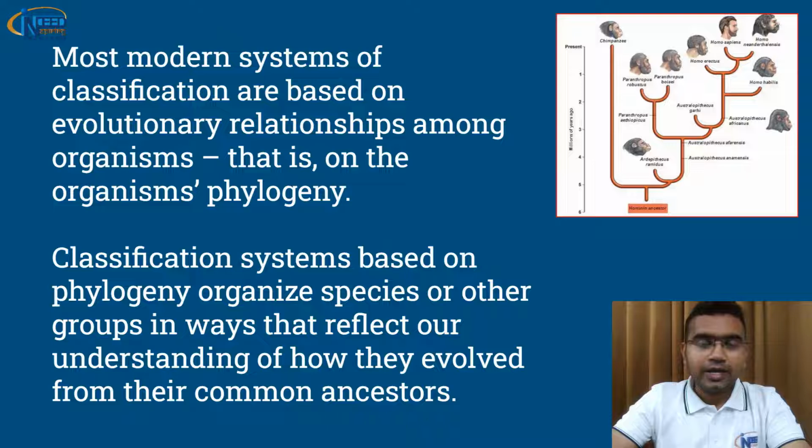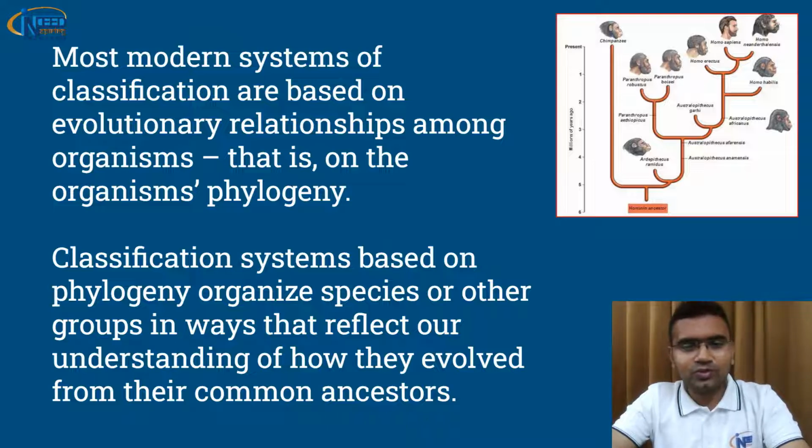If we look at human beings, there are male and female, then we have animals, and animals also have such relationships amongst them. Classification systems based on phylogeny organize species or other groups in a way that reflects our understanding of how they evolved from their common ancestors.